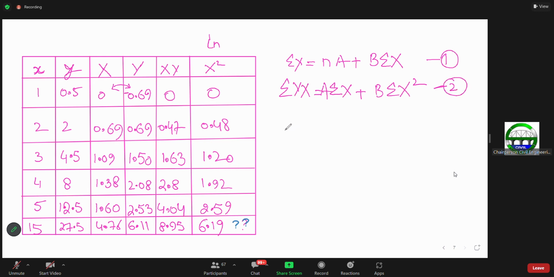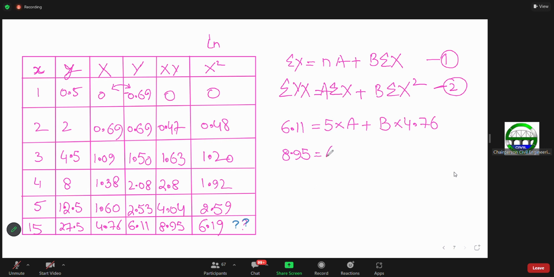Sigma y is equal to 6.11, n is equal to 1, 2, 3, 4, 5. So 5 into a plus b into sigma x, 4.76, and sigma xy is equals to 8.95, equals to what?